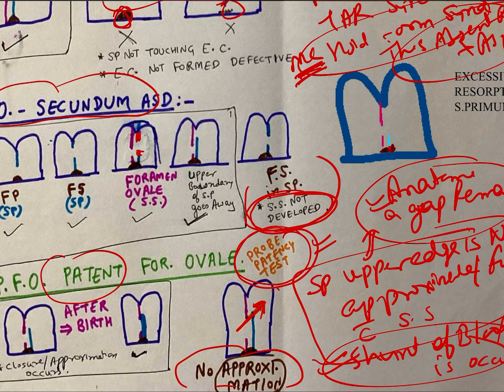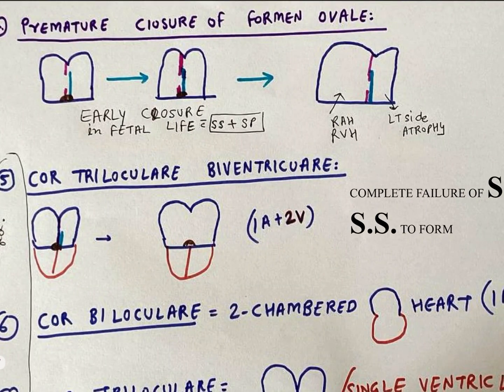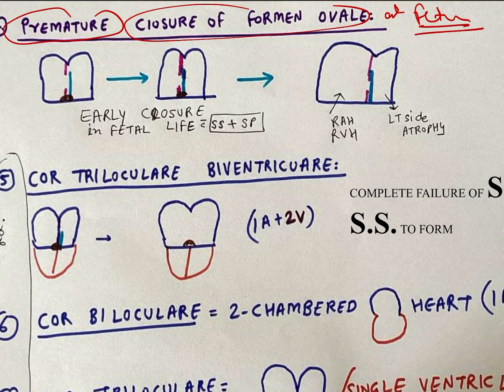Okay friends, now we are moving to another pathology. What happens if there is premature closure of foramen ovale in the fetus? Usually this approximation occurs after birth, but if the approximation of foramen primum with foramen secundum occurs in fetal life, it will result in early closure.